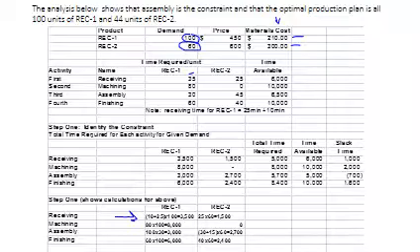For machining, 80 minutes times 100 units, so we have 8,000 minutes, and we have 10,000 minutes available. So we have some slack time in the machining department. For assembly, we've got 30 minutes per unit times 100 units, or 3,000. For REC2, we've got the 30 plus 15, or 45 minutes per unit times 60 units that are demanded, or 2,700. So a total of 5,700 minutes required, but the time available is only 5,000.